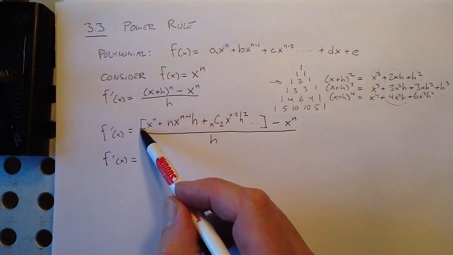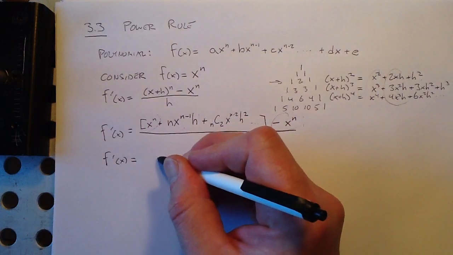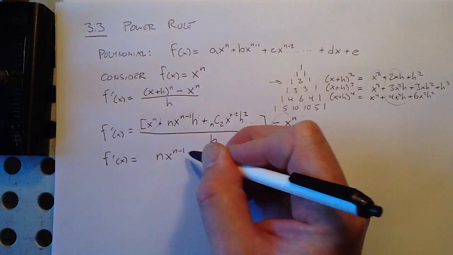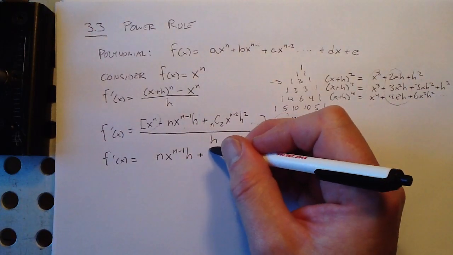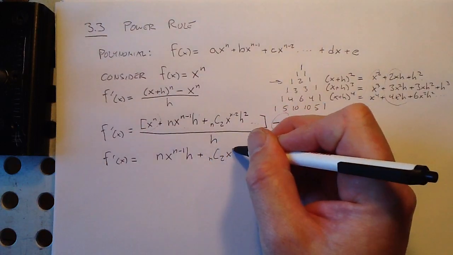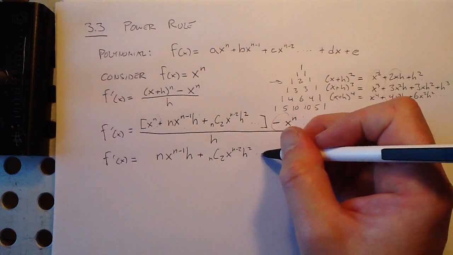Okay, now notice that every time this is going to be x^n, and we always have minus x^n here. So that means we're going to have n x^(n-1) times h plus some number. It doesn't even really matter. I guess I could write that, but it's not going to matter what that number is. I'll see in a second why it doesn't matter. h squared dot, dot, dot.